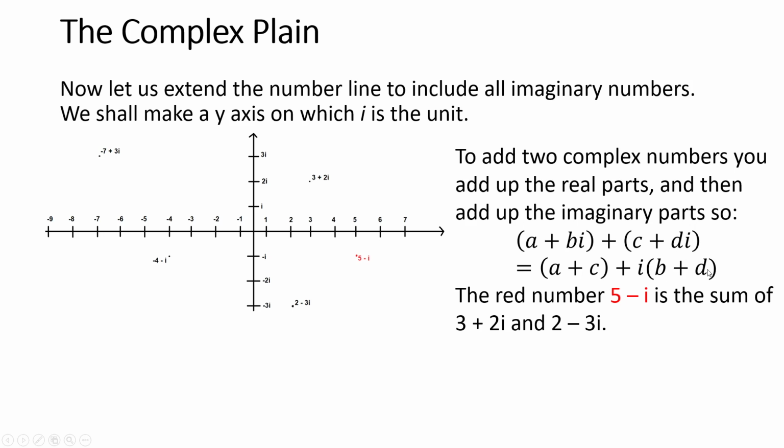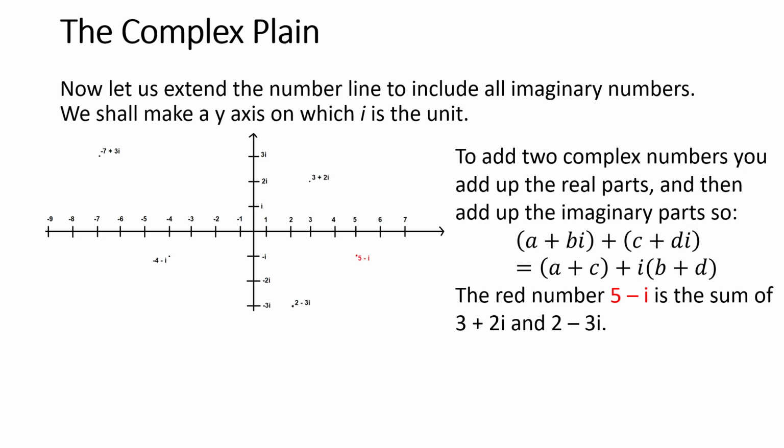So as we may see here, a plus bi plus c plus di is just a plus c plus the sum of b and d. So 5 minus i is just the sum of 3 plus 2i and 2 minus 3i.